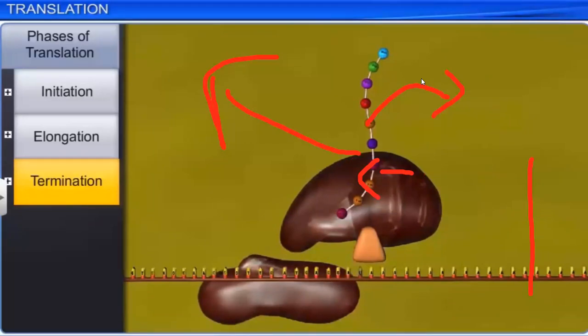Stop codons are in the genetic code chart; there are a few codes called stop codons, which are not decoded at all. When there are no codes for which anticodons are present, the process automatically gets terminated.